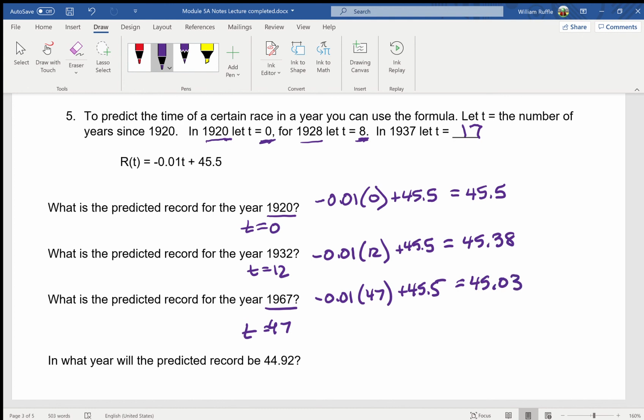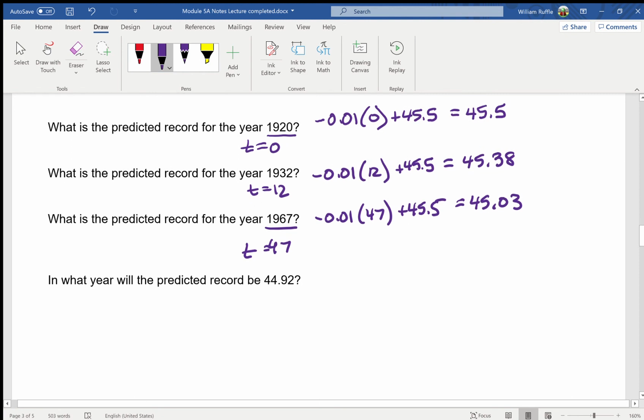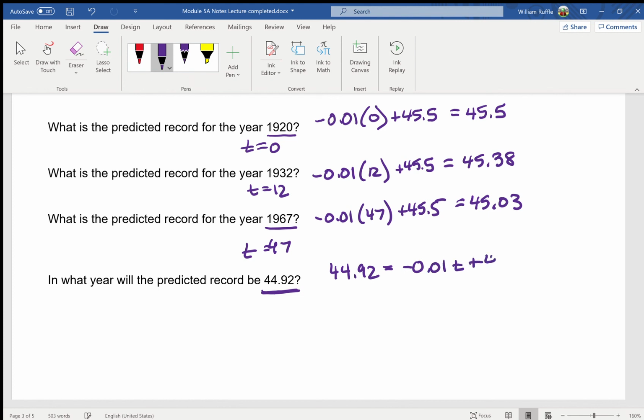Now, this last question is slightly different. This time it gives me the time, not the year. So what that means is 44.92 is equal to negative 0.01 t plus 45.5. So now I have to find out what t is. So I've got to subtract 45.5 from each side.